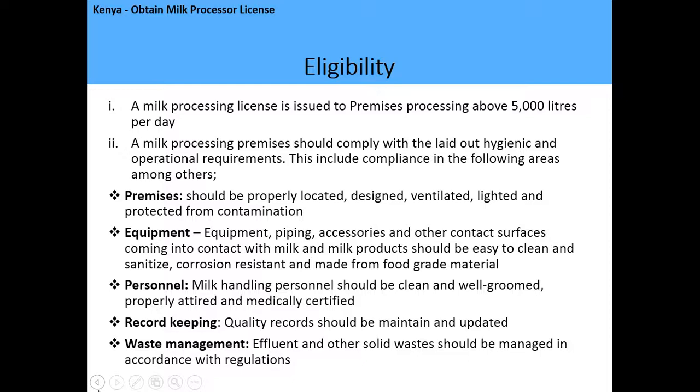Equipment. The equipment, piping, accessories, and other contact surfaces coming into contact with milk and milk products should be easy to clean, sanitize, corrosion resistant, and made from food grade material. Personnel. Milk handling personnel should be clean, well groomed, properly attired, and medically certified.